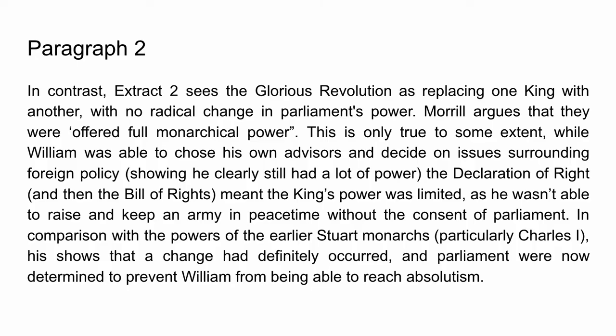In comparison with the powers of the earlier Stuart monarchs, this shows that a change had definitely occurred, and Parliament were now determined to prevent William from being able to reach absolutism. So again, we can see the quote, the own knowledge used to reach a judgment on that.